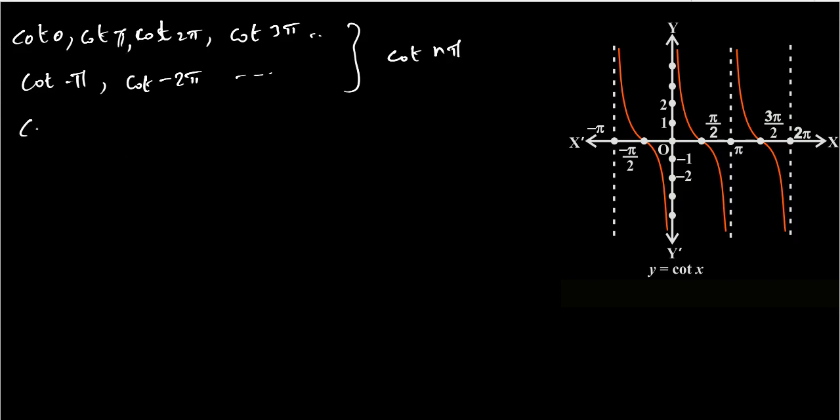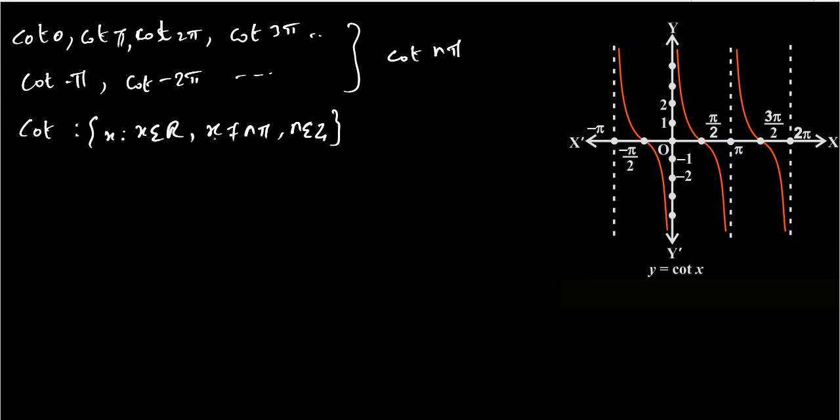So if we define the cot function, its domain will be the set of all x such that x belongs to R and x is not equal to n pi, where n belongs to Z. N is the set of positive as well as negative numbers: plus 1 pi, minus 1 pi, plus 2 pi, minus 2 pi. So x does not take the values of n pi.